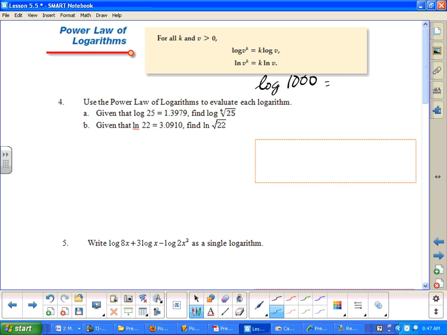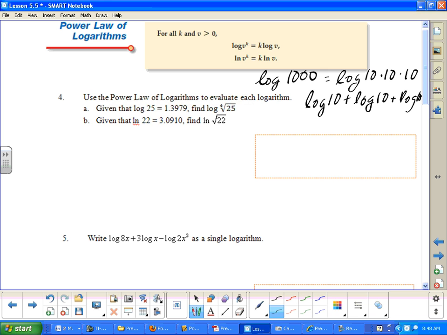That would be the log of 10 times 10 times 10. So this would be the log of 10 plus the log of 10 plus the log of 10, so 3 log of 10.